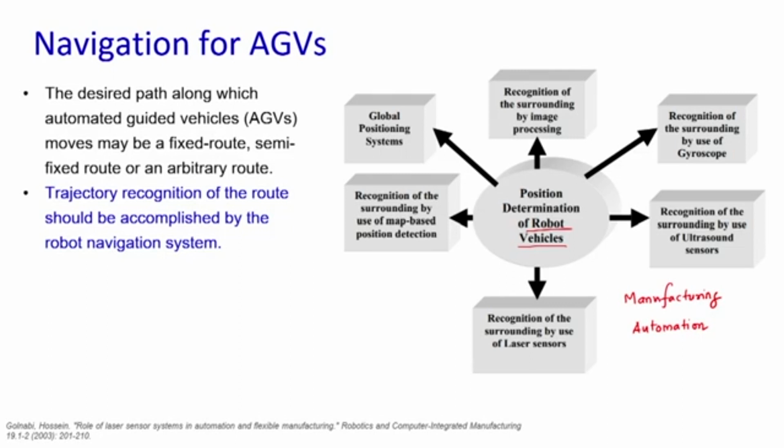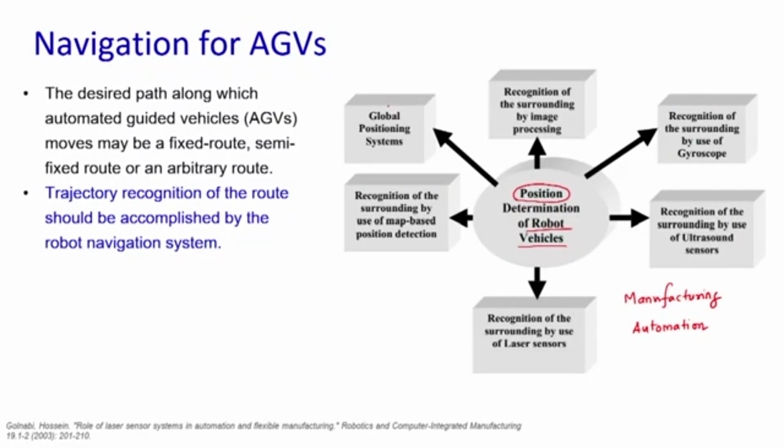However, when we use robots for movements, there is a challenge to locate and determine their position. So, a variety of techniques are used in the industry to locate the robots on the shop floor.